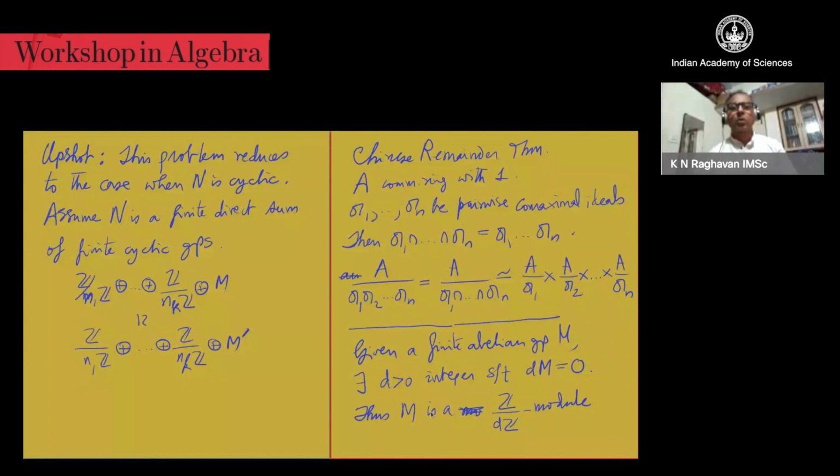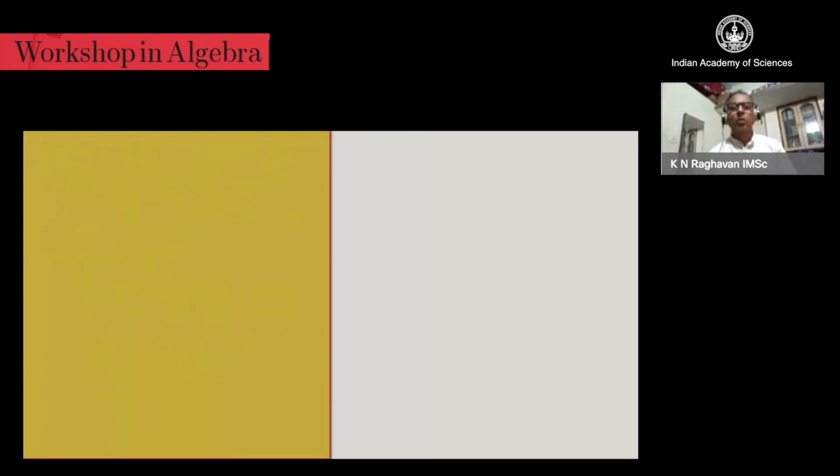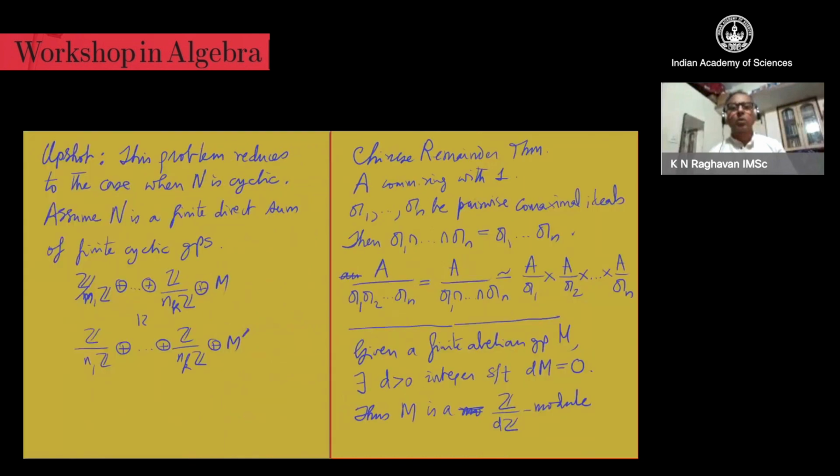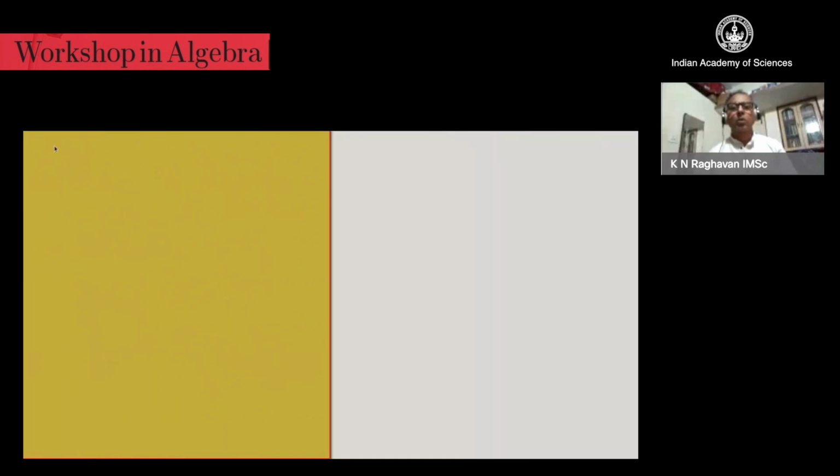Okay? This is easy to check because if two things differ by D, then they act the same way because D acts like 0. Okay. And so now we apply the Chinese remainder theorem. So Z mod DZ.